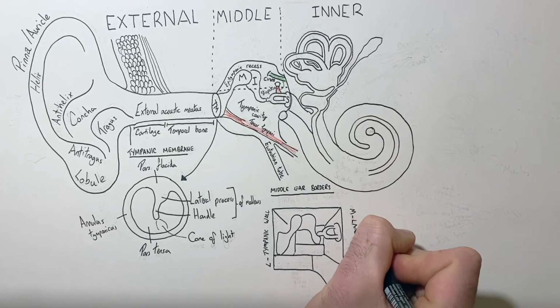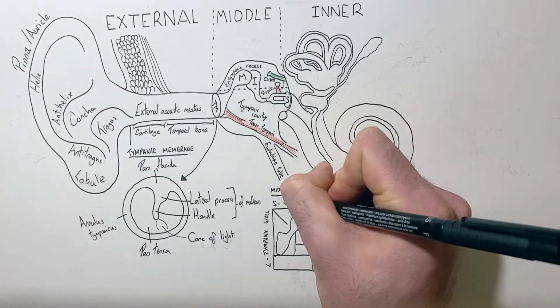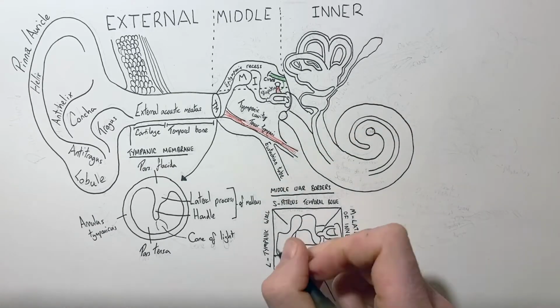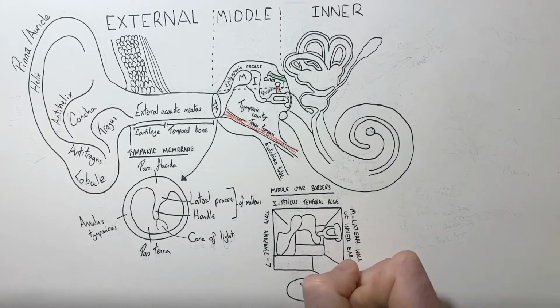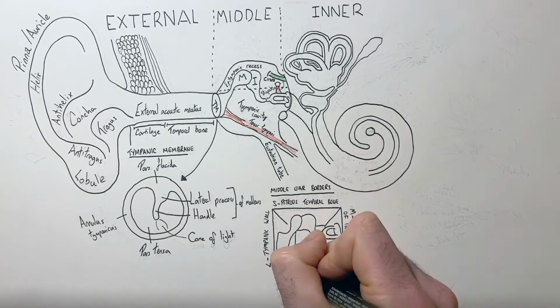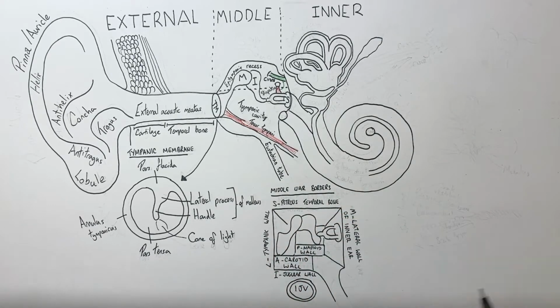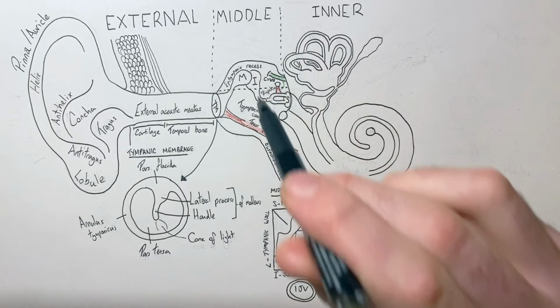Medially, it's the lateral wall of the inner ear. Superiorly, you have the temporal bone, specifically the petrous portion of the temporal bone. Inferiorly, you've got the internal jugular vein, so you've got the jugular wall inferiorly. Anteriorly, the carotid wall, and posterior is the mastoid wall.